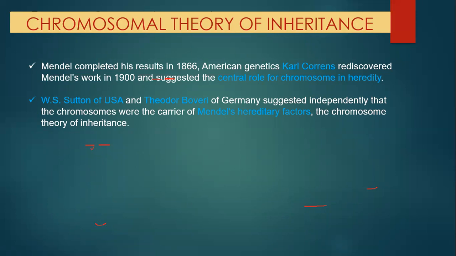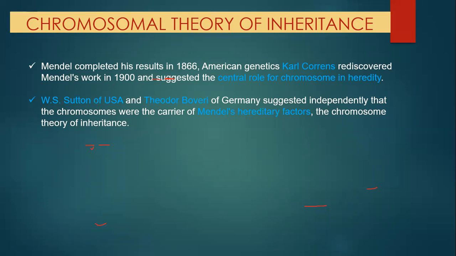Mendel said that the factors are discrete and distinct, not getting mixed, and are transferred stably from parents to offspring. Likewise, chromosomes are transferred in the same manner as the factors described by Mendel.